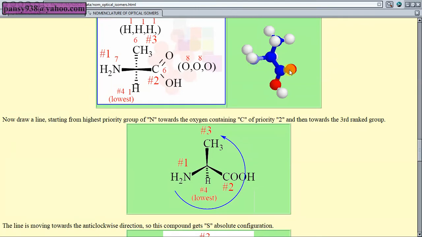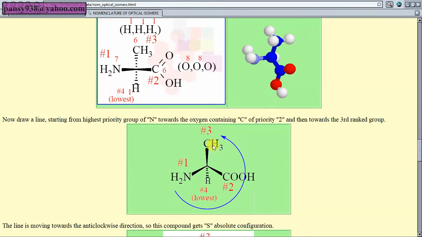Then this carbon, which is attached to the oxygens, double bonded with this one and single with this one, and the third priority goes to this carbon. In the two-dimensional diagram, this is the highest priority, this one the second, and this stands in third priority.